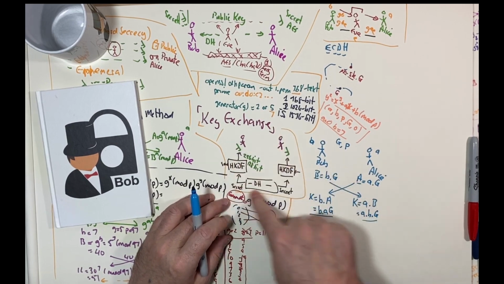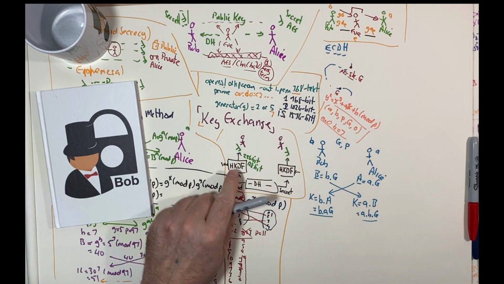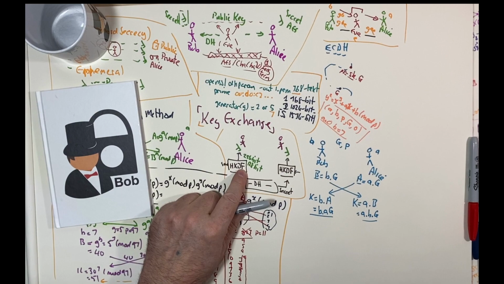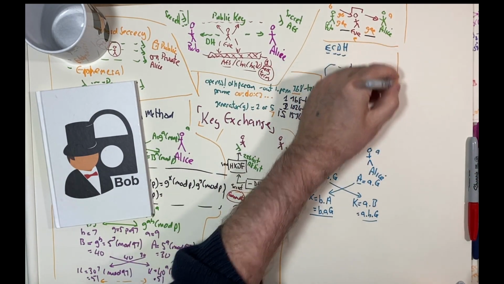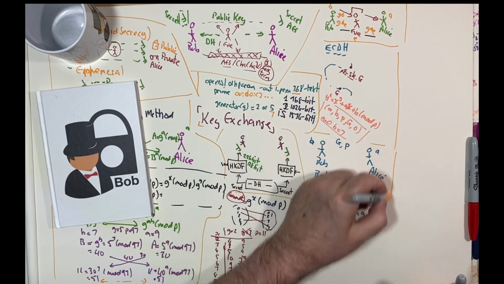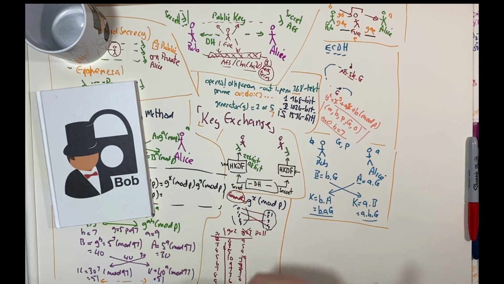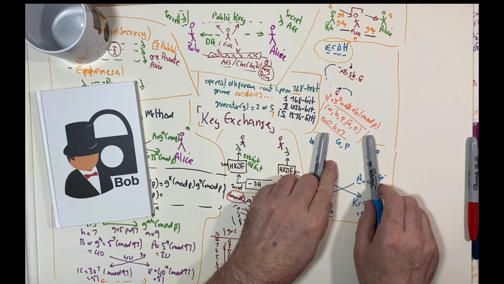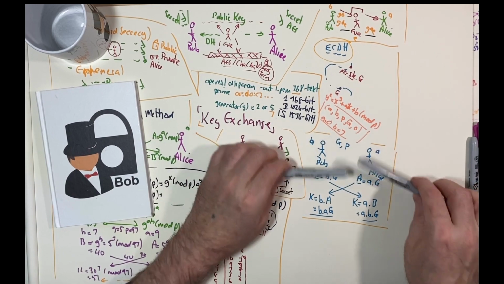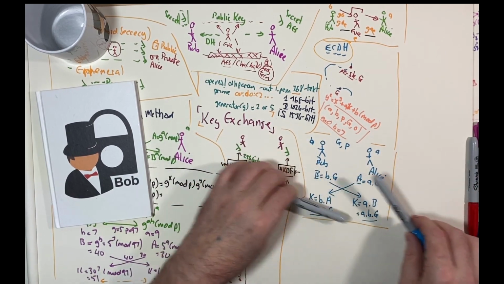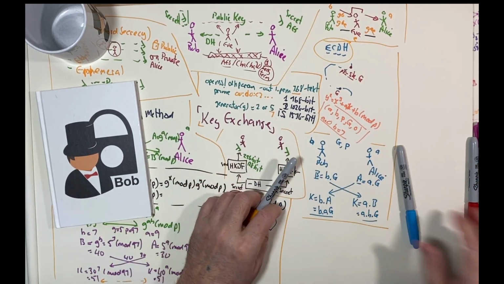Obviously we then probably use the HMAC key derivation function to generate the actual key that we want to use. Okay, so this is elliptic curve Diffie-Hellman, and it's a very fast method. It's using public key encryption as we would normally have it, and it's exchanging the values from there.